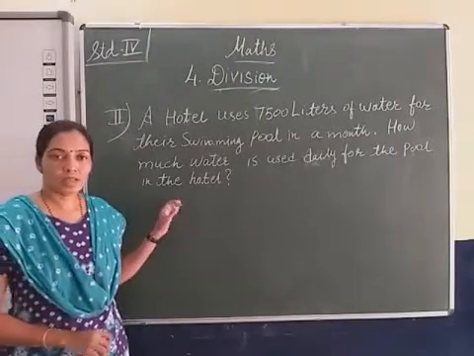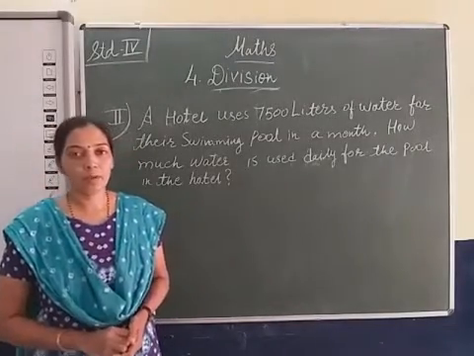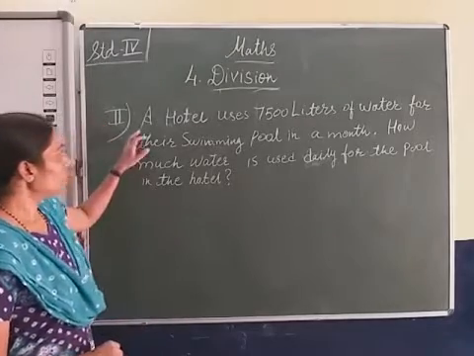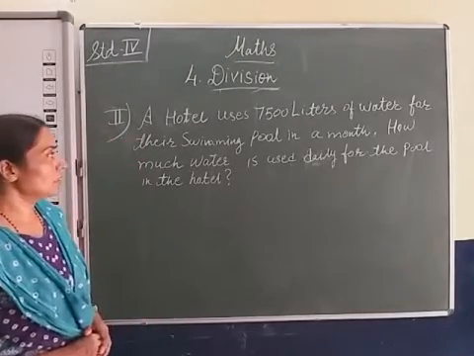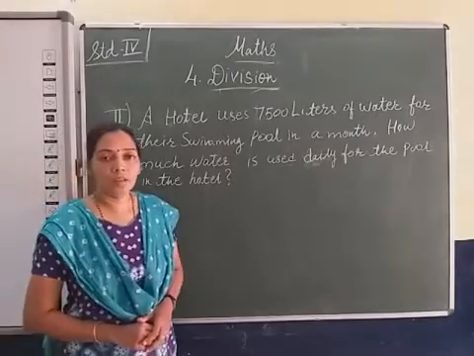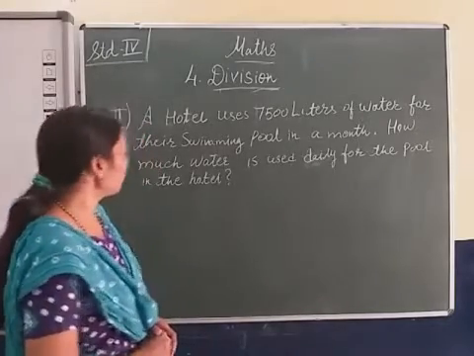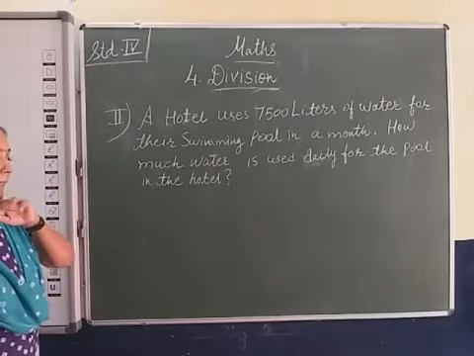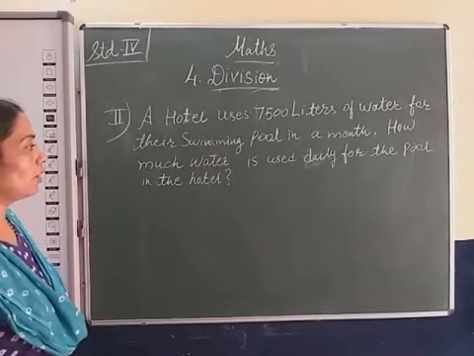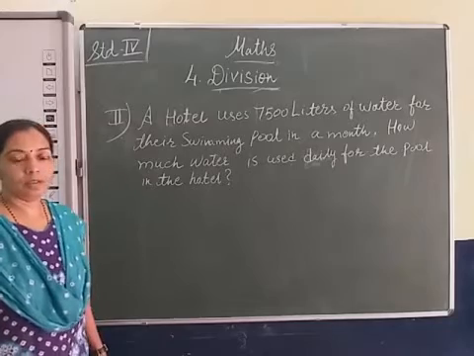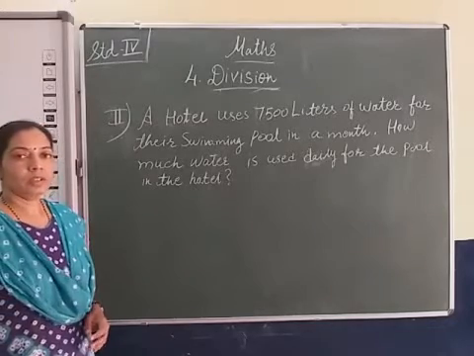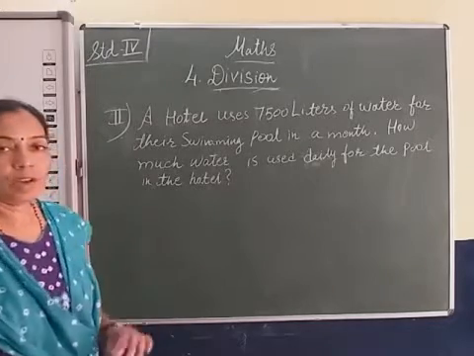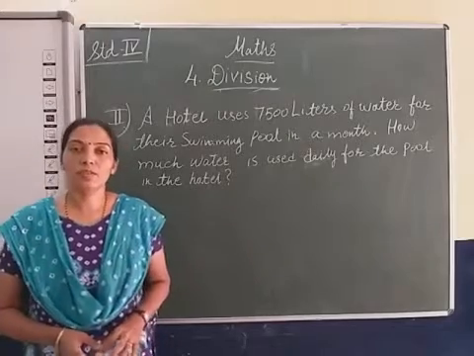Student, this is the second question for the word problem of division. A hotel uses 7,500 liters of water for their swimming pool in a month. How much water is used daily for the pool in the hotel? The information is given: 7,500 liters of water used for a month.